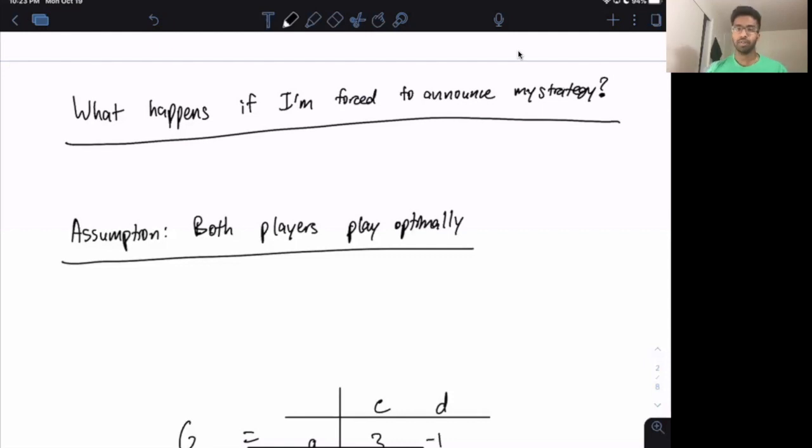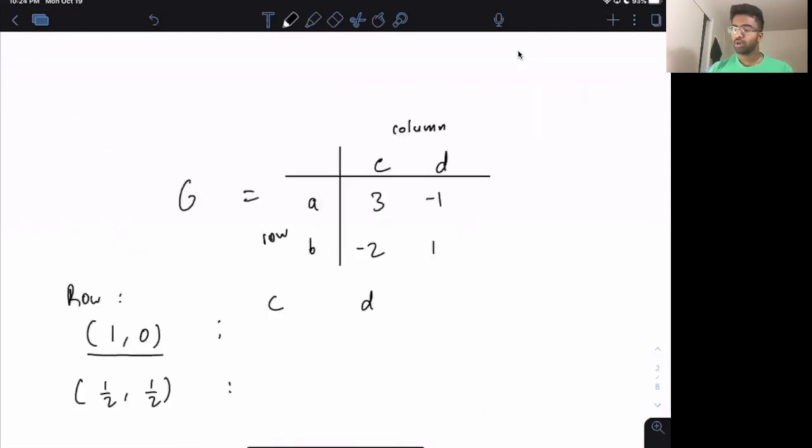And so let's look at a couple basic examples, right? Let's say row plays A with probability 1 and B with probability 0. So let's see what would happen depending on what column plays accordingly, right? This basically means that row is going to play A every single time.